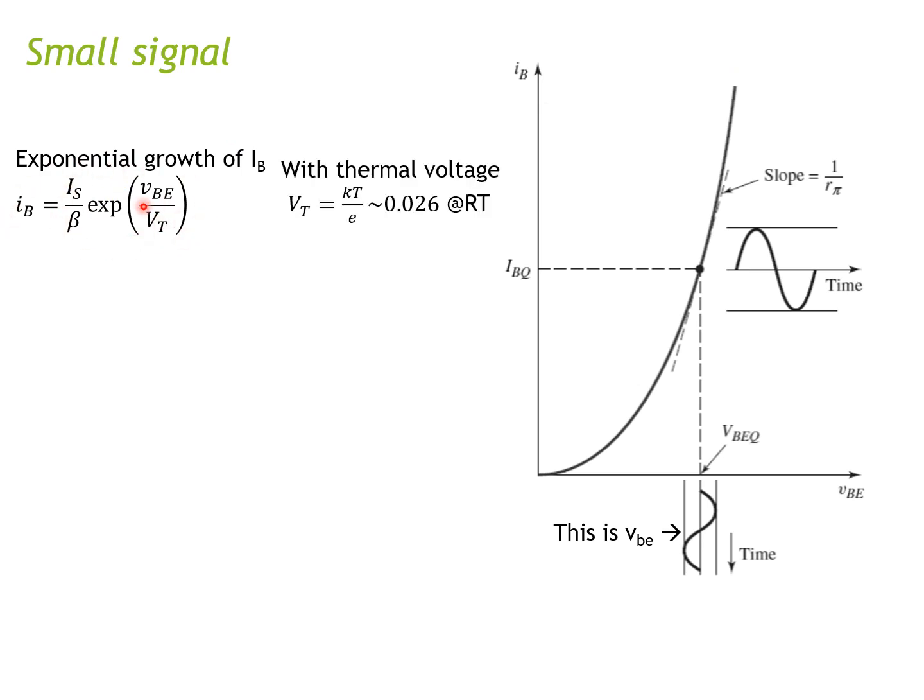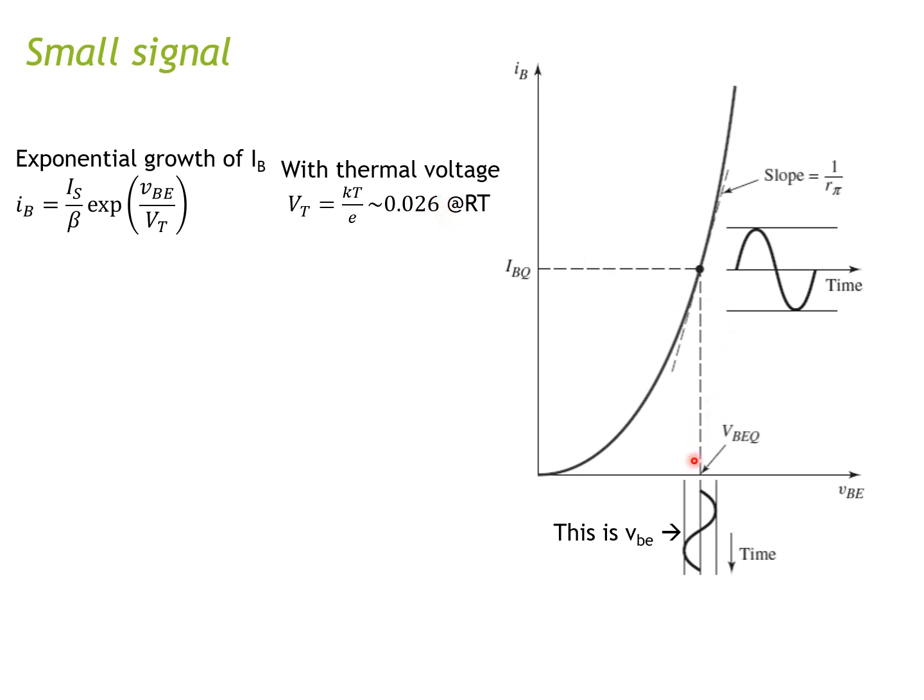And VT is the thermal voltage, okay, so it depends on k and q, which are constants, and T, which is just temperature. So if you are operating this at room temperature, then you can estimate that to be 0.026 volt or 26 millivolt.